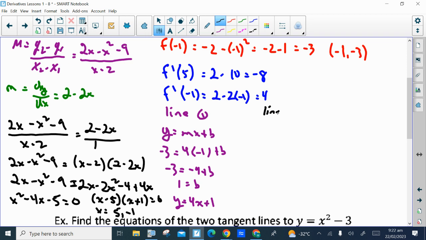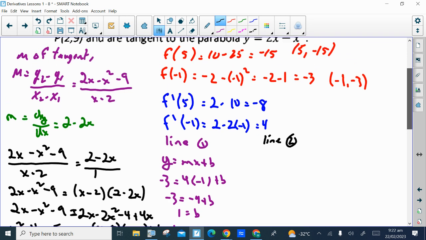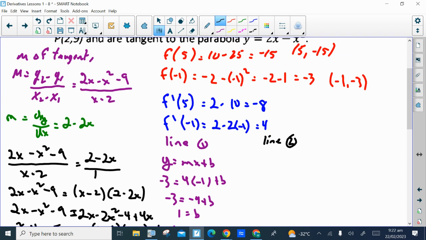Right? Line 2, that's the one on the right that goes through the point 5 comma negative 15. And the slope is negative 8. I apologize, I misspoke earlier. The one on the right, that is correct, with the slope of negative 8.